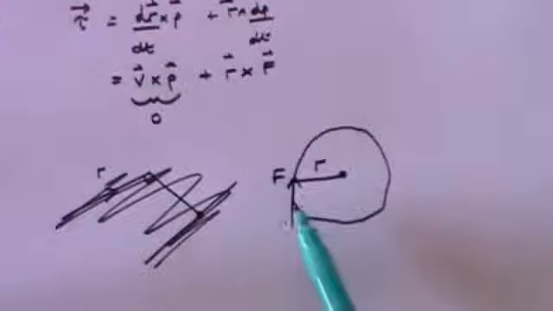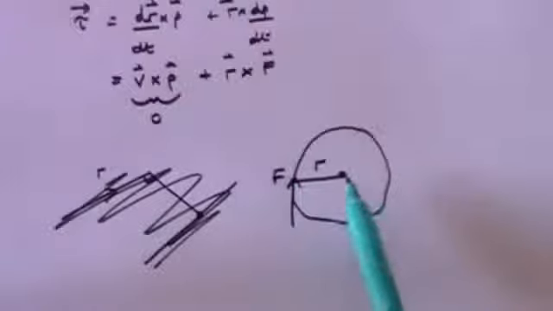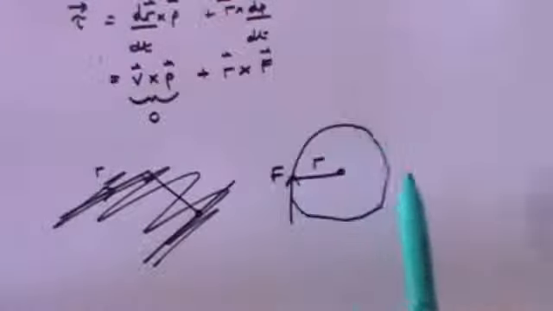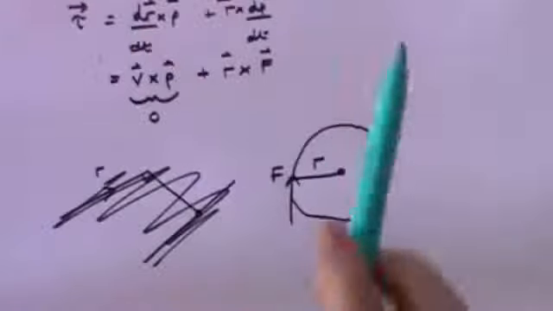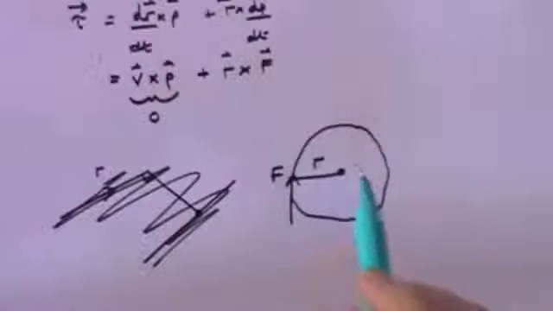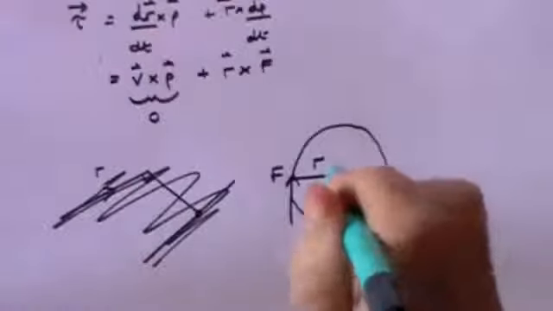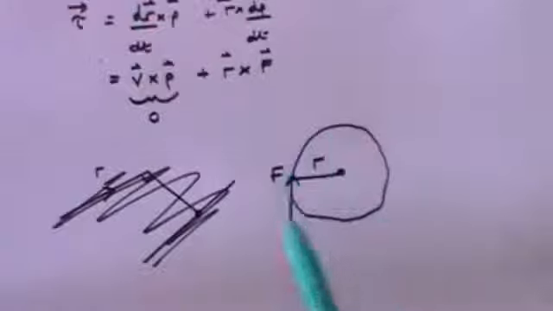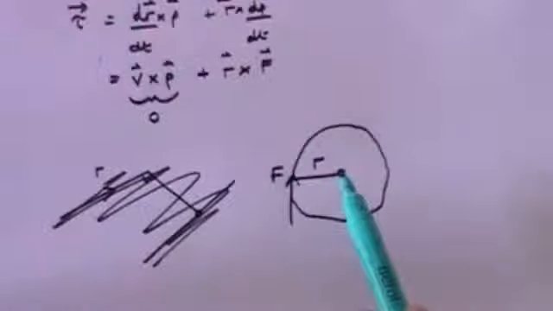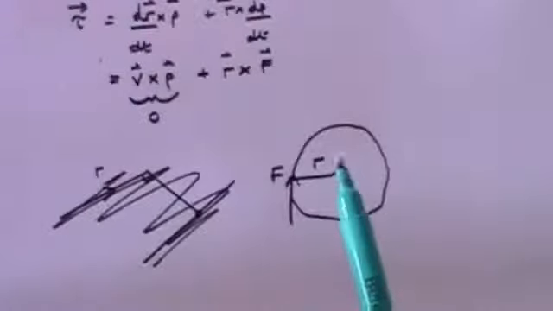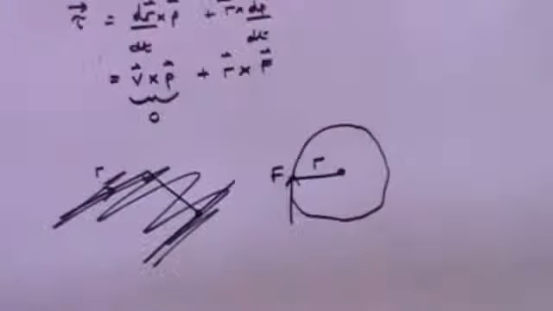And remember the corkscrew rule: if the force acting would cause the object to turn clockwise, then the angular momentum and the torque are both acting into the paper. If the force were to act in such a way as to cause the potato to rotate anti-clockwise, the torque and the angular momentum would come out of the paper along the line of the axis.